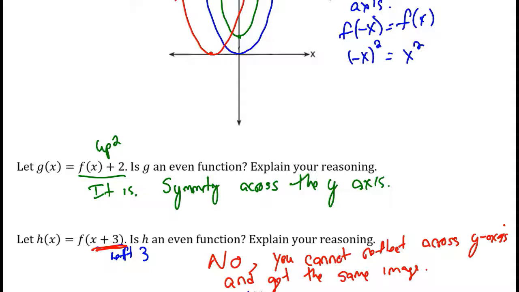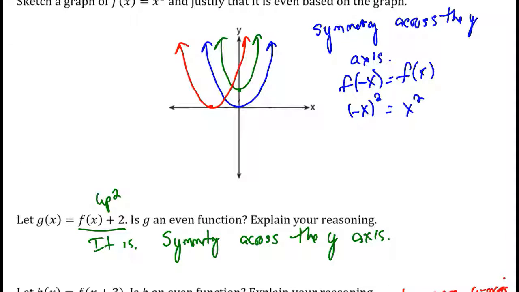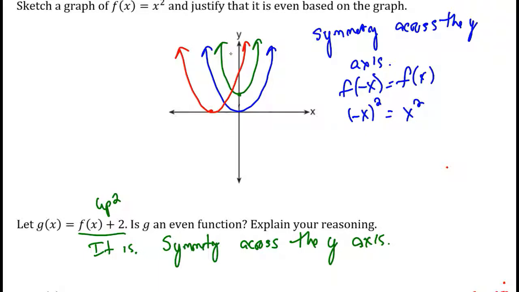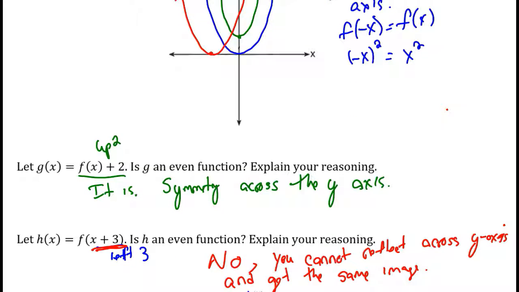It didn't get carried onto itself. If I reflect this across the y-axis, it's going to look something like that, and that is not what I want. So I'm going to undo that. This function h is not even. Is it an even function? No. Where for g, the answer was yes, because I just shifted it up 2.